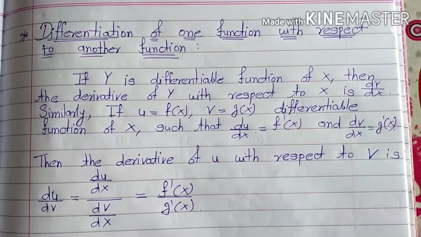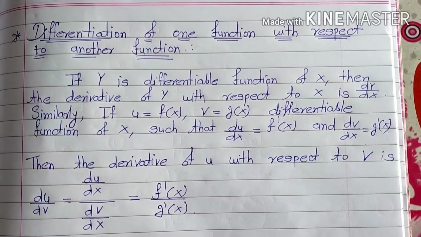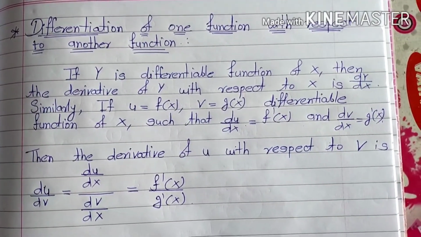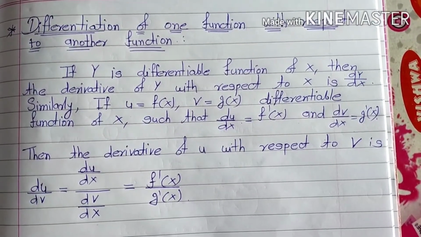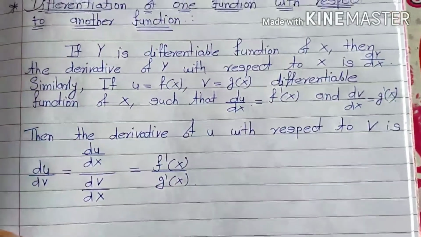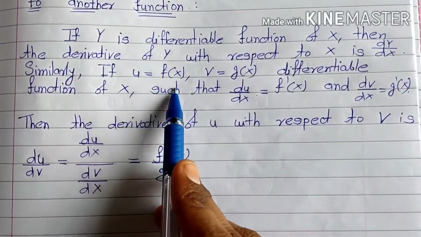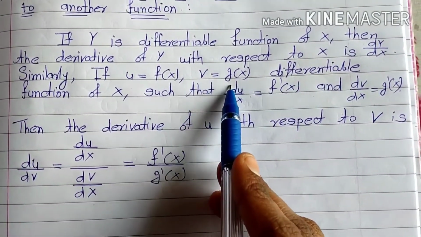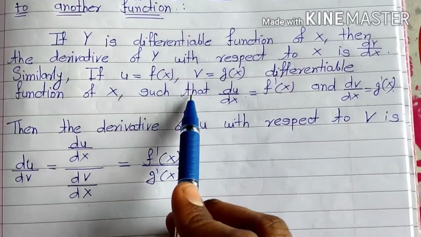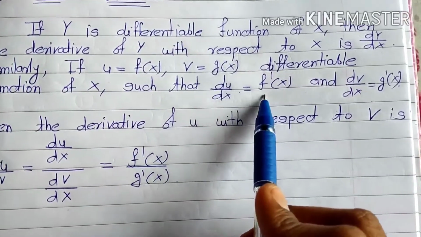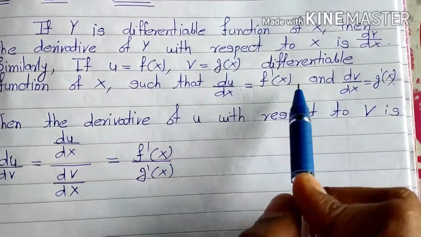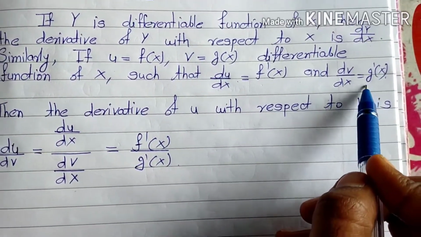Now the next topic is differentiation of one function with respect to another function. We know that if y is a differentiable function of x, then the derivative of y with respect to x is dy by dx. Like that, if u is a function of x and v is a function g of x, then the derivative of u with respect to x is du by dx, which is f dash of x, and the derivative of v with respect to x is dv by dx, which is g dash of x.